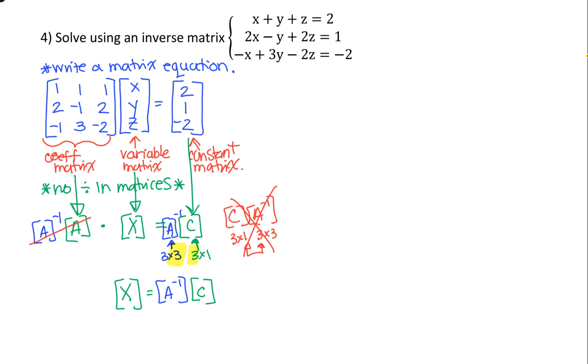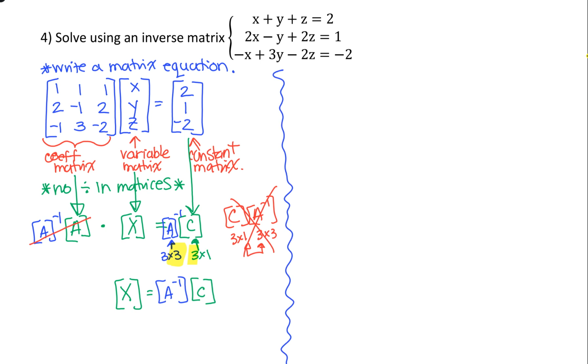So that's what I have to do now: find A inverse and find matrix C. Let's go ahead and set up finding A inverse. You can do it by hand if you want to practice it, but we're going to do it on our calculator.